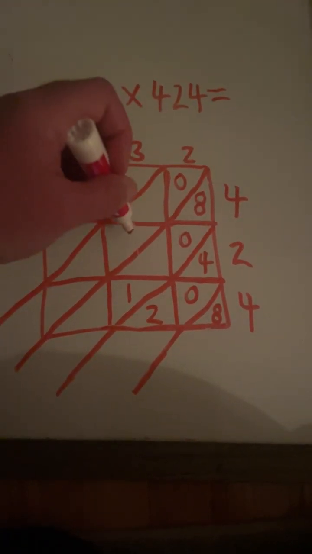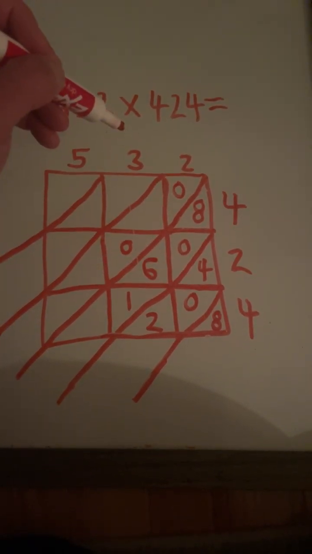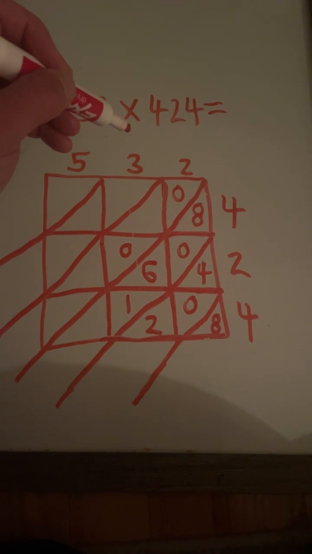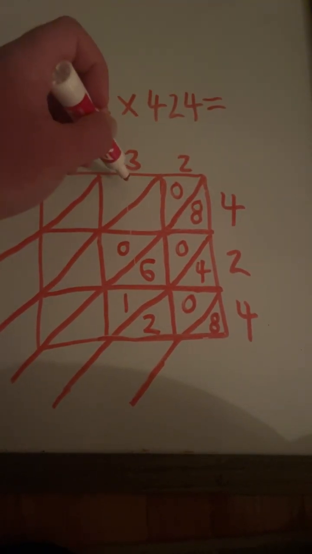3 times 2 equals 6. Three times 4, again, equals 12.